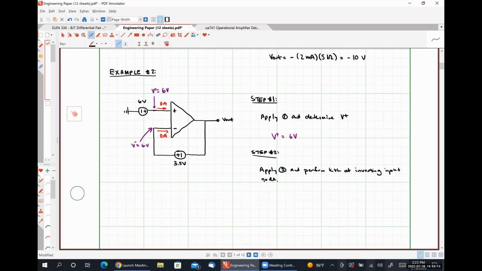And it's no longer going to be at the inverting input node because, A, that doesn't make sense for a KVL. We need to identify a loop.